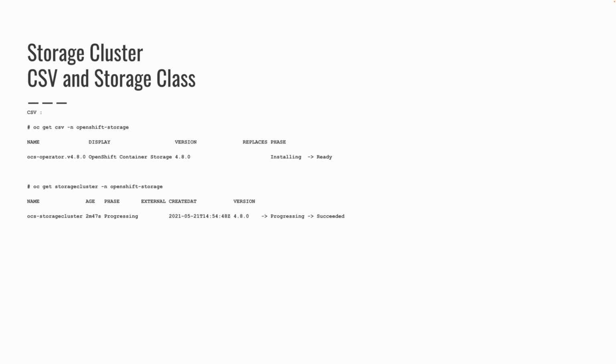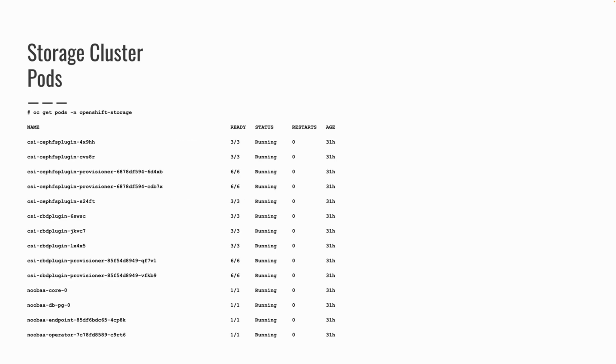So now I want to show you the pods created by OpenShift Container Storage under the OpenShift storage namespace. And needless to say, all of them should be either completed or in running state. So here is the first set, and you can see the first quite a few of them are CSI driver pods, and you can see three Ceph file system plugin pods, one for each worker node.